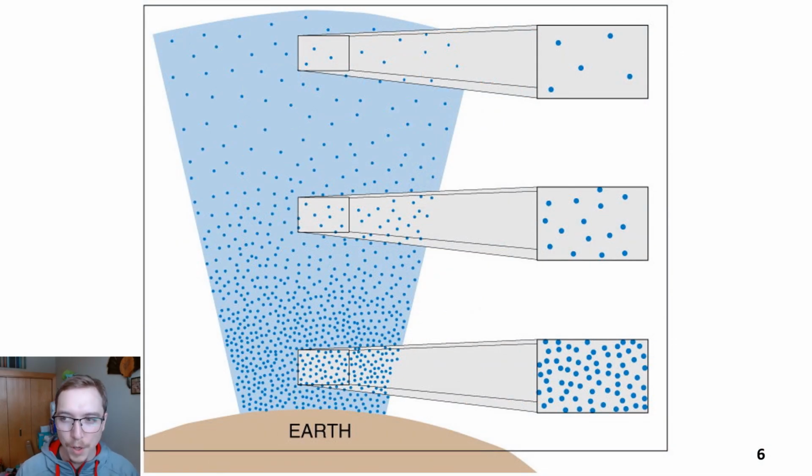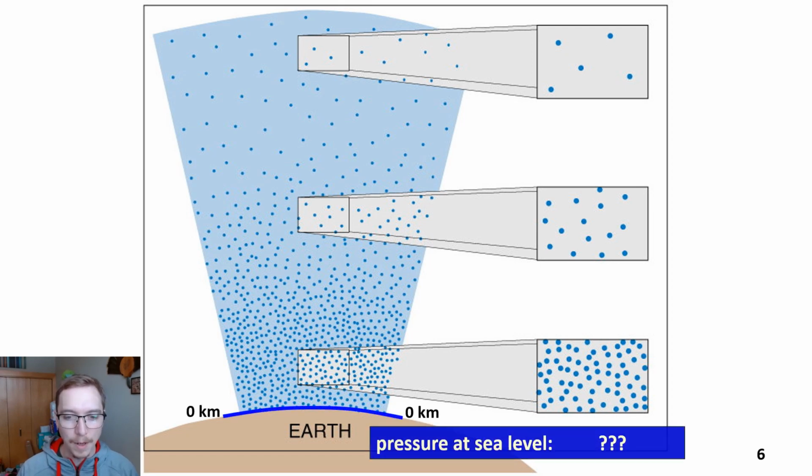And we know that pressure is greatest at sea level, right? Do we recall what that is? 101,325 newtons per meter squared. That pressure can be converted to things like hectopascals or millibars as well.